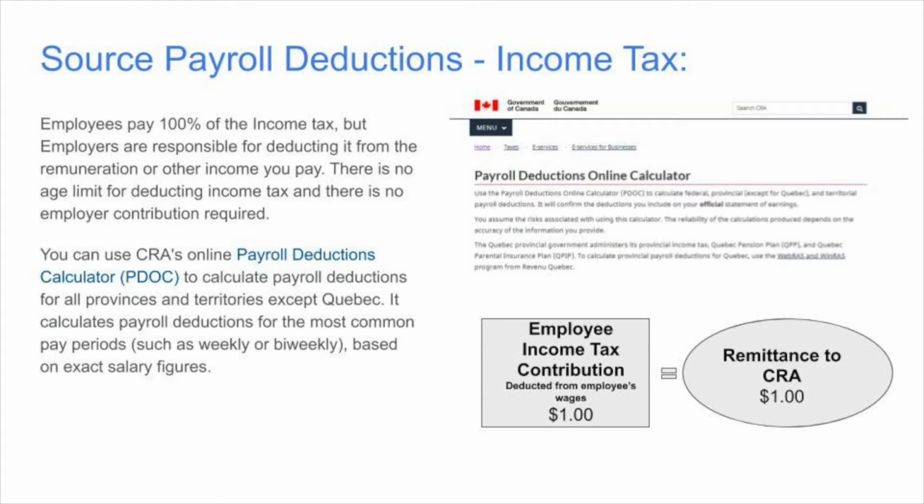If you look at the federal government website for income tax, you can calculate how much an individual should have deducted from their paycheck in order to pay the tax. Now, you don't pay anything towards the tax, the employees do, but your job is to collect that portion, hold it in trust, and then send it to the federal government each month.